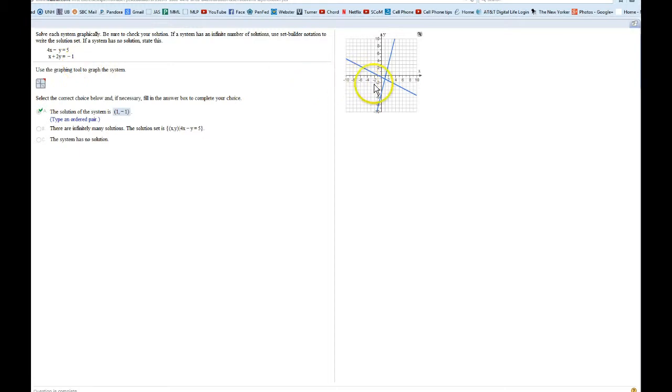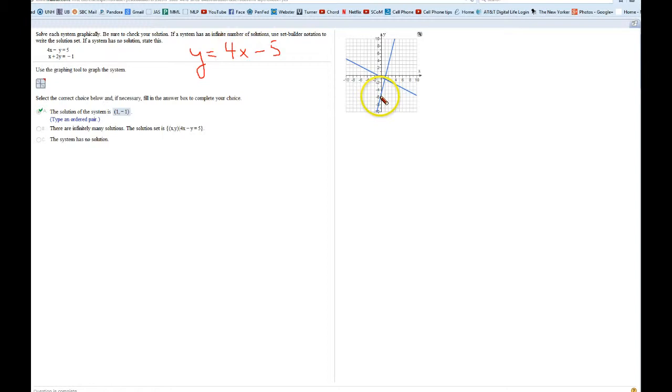And instead of using the X and Y intercept t-chart, it might have been better for you to put it in slope-intercept form, which would have been, to show you that way here, this one here, it's going to be y equals 4x minus 5.